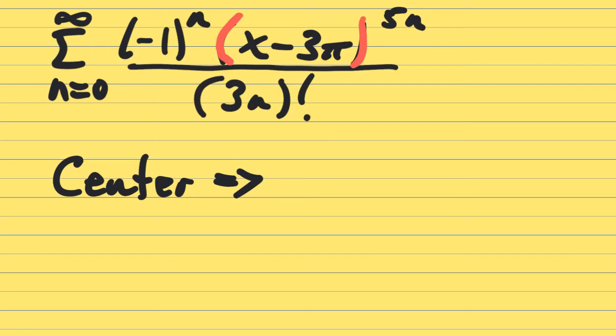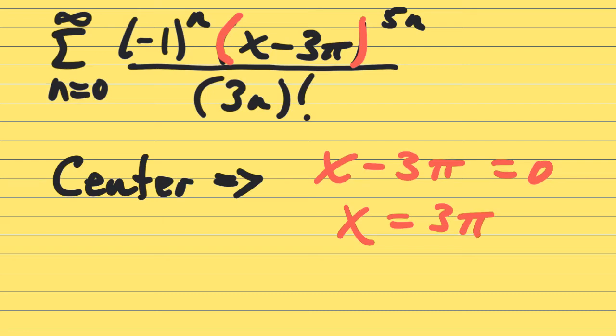You don't have to worry about the exponent, just what's inside. Set that part equal to 0, solving for x. And so 3 pi is your center. It's just that quick.